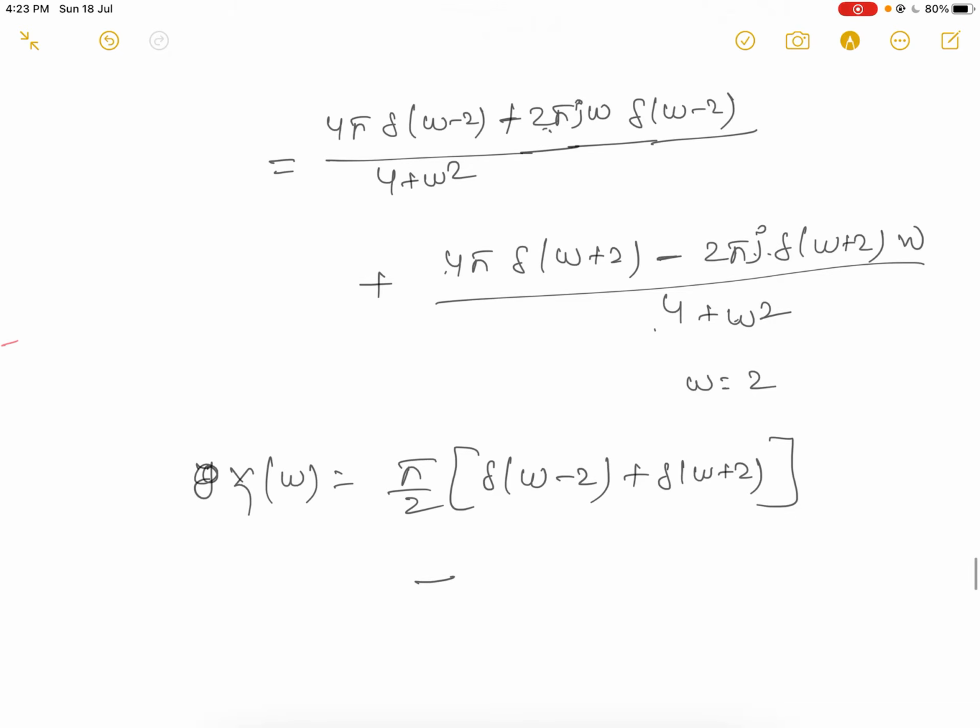take the common j term, here also omega, and when you multiply it by 2, because omega is equal to 2, then it becomes 4 pi.